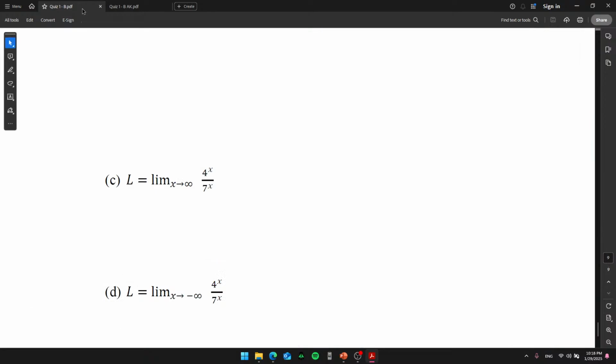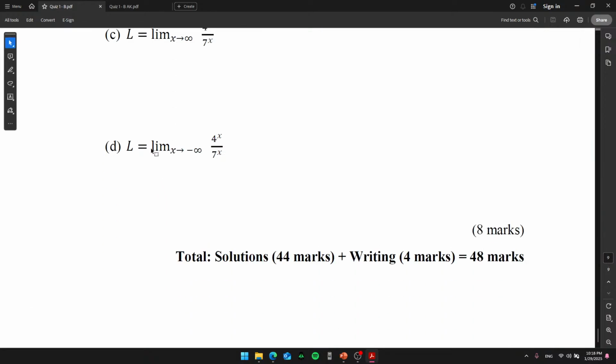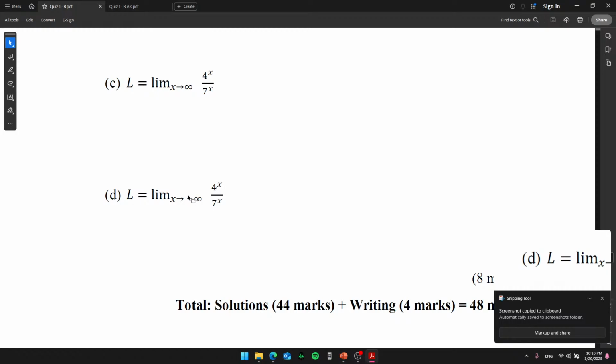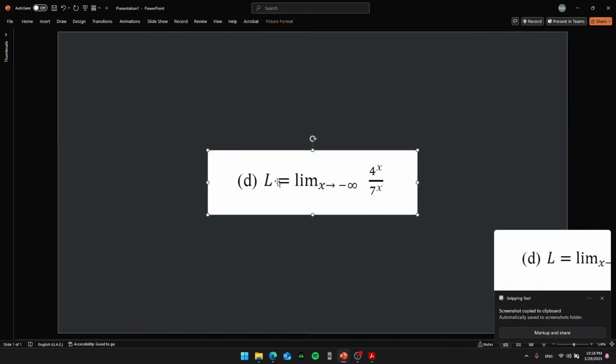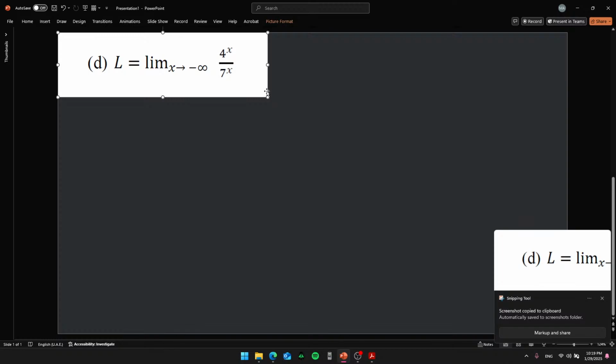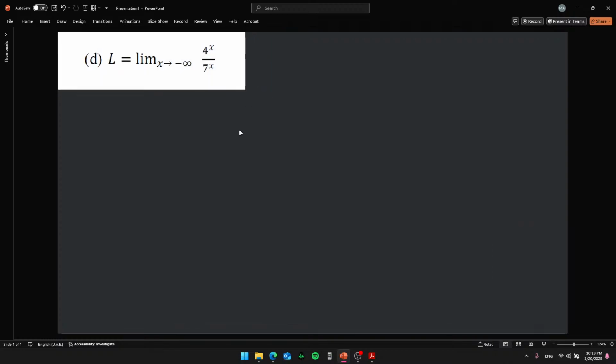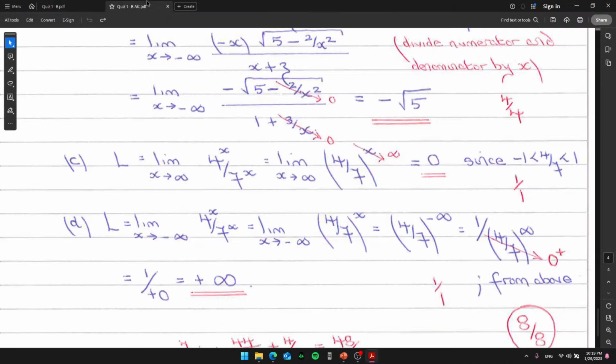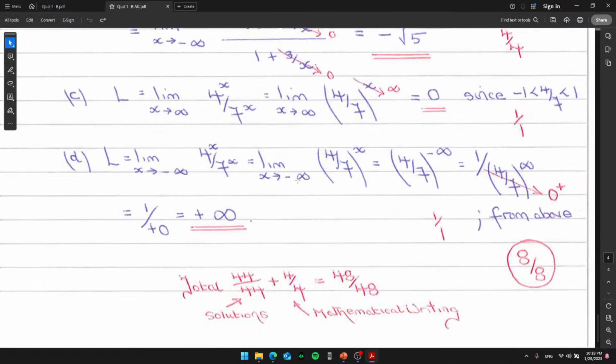Next one. Same question, but instead of infinity, it approaches negative infinity. A very large number, but negative. So I guess it's the same. I guess I won't solve it, but I will see. Oh, it's not the same.